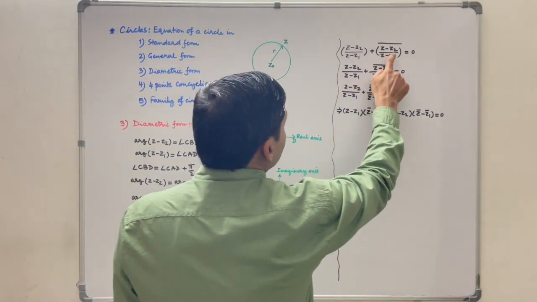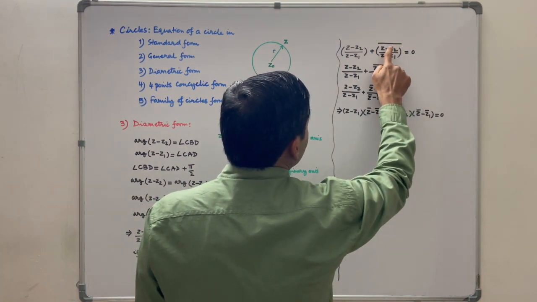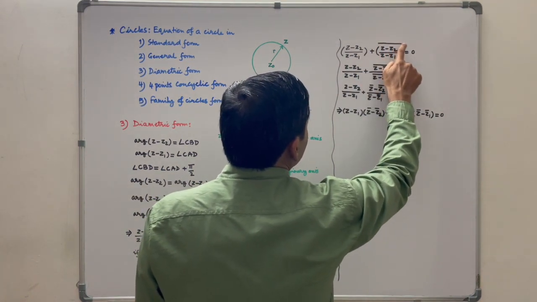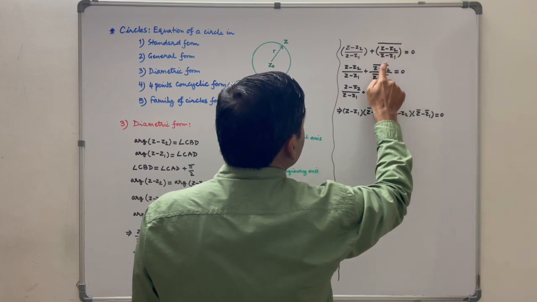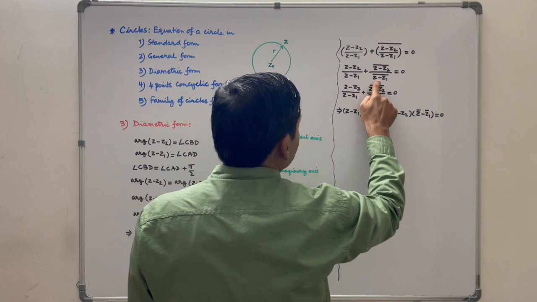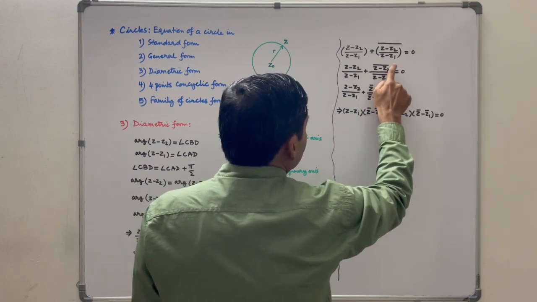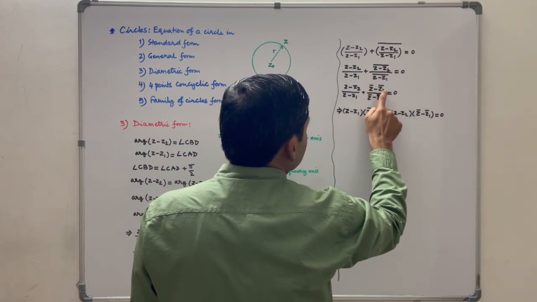So ((Z minus Z2) upon (Z minus Z1)) whole bar is in the form (Z1 upon Z2) whole bar. It can be simplified as Z1 bar upon Z2 bar using the conjugate property. Now (Z1 minus Z2) whole bar can be written as Z1 bar minus Z2 bar.